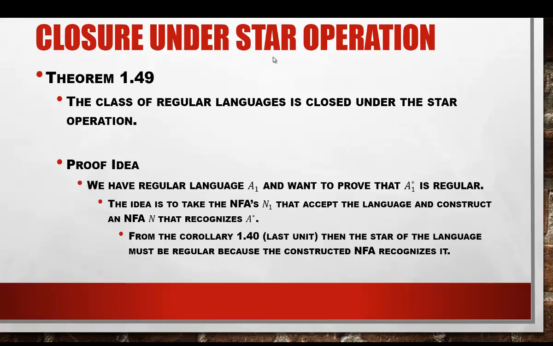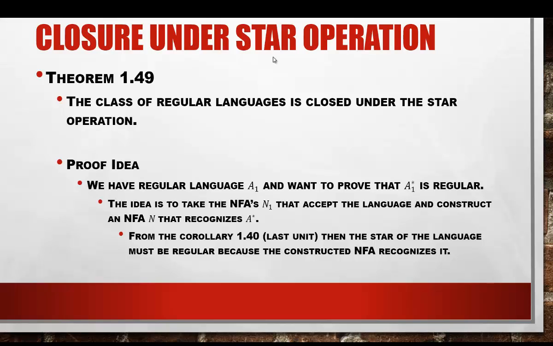We'll see an example of the star operation, and then we are going to go ahead and show a couple of other proofs for some other basic regular operations that would help us build languages off of other languages. So this last basic operation we need to show closure for regular languages is the star operation.